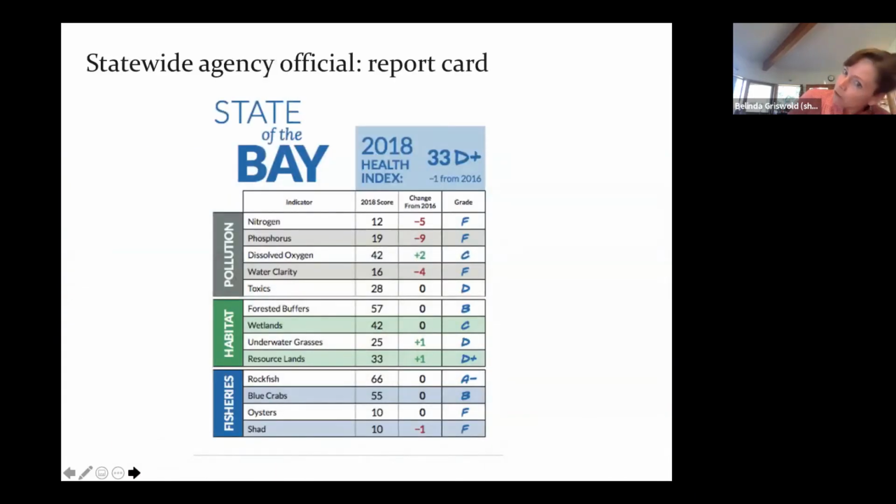And then the last audience I wanted to talk about is statewide agency folk in general. Obviously, this is a pretty diverse crowd, and it depends a lot on your state and what the regulatory apparatus is in your state. But I wanted to use a report card example for this audience in two possible scenarios.